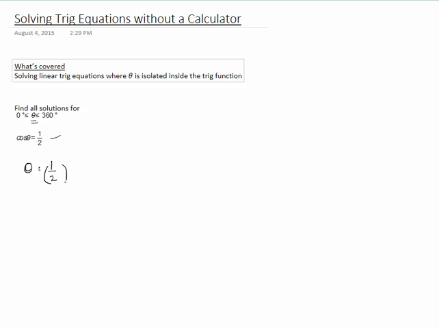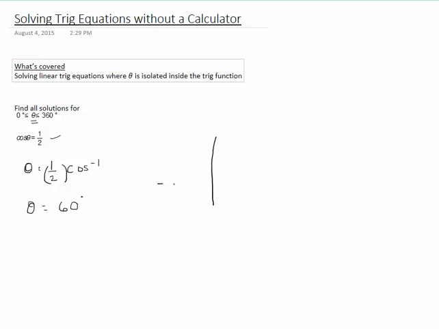We take the inverse of that, doing the opposite on the other side in order for the cos to go away on the left side and isolate for theta. So we know that theta is equal to 60 degrees because of our special triangles. When cos has a ratio of 1/2, the angle is 60 degrees.